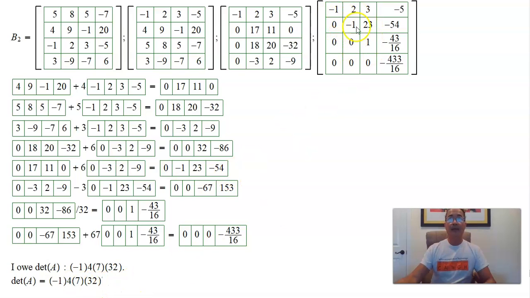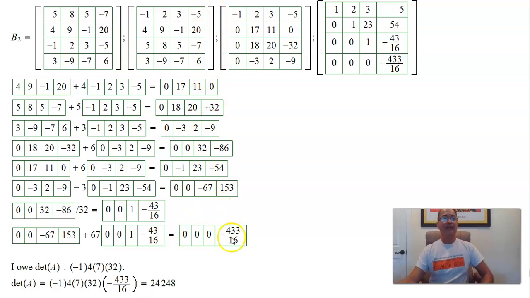And then I multiply these together, minus 1, plus 1, 1. I just multiply by this. So I get negative 433 by 16. Multiply that together and we get, boom. That is, of course, the determinant of the matrix that we checked from the beginning.